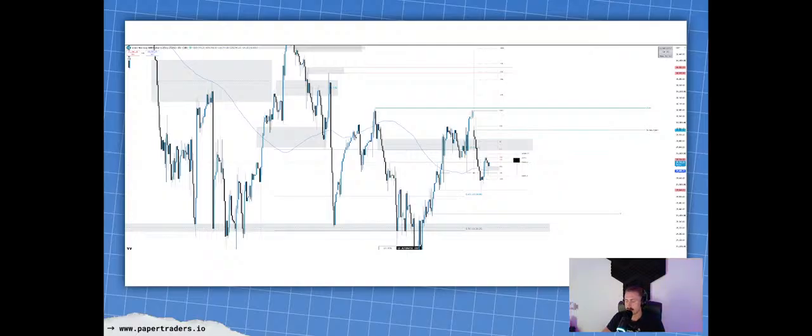If this is displaced, then we are looking for an outside day to the upside. We will also continue to watch that for our FVG, as well as the Sunday open, as well as the weekly open at 29,952. So that is on the hourly.